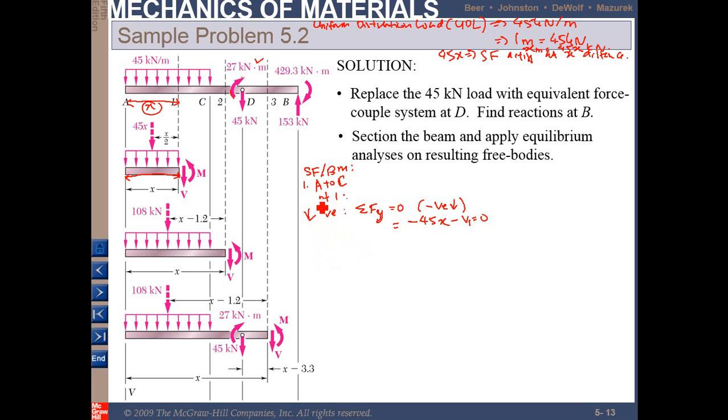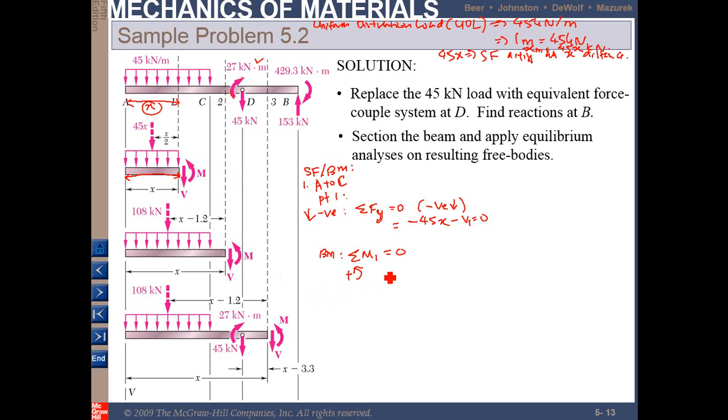Okay, so at point 1, the bending moment, the summation of all moment at point 1 should also equal to 0. So the bending moment for this distance x, if you consider this direction as positive, this 45x will cause the bending moment counterclockwise, so it is positive.